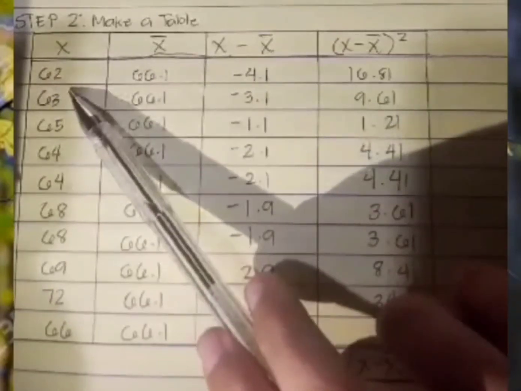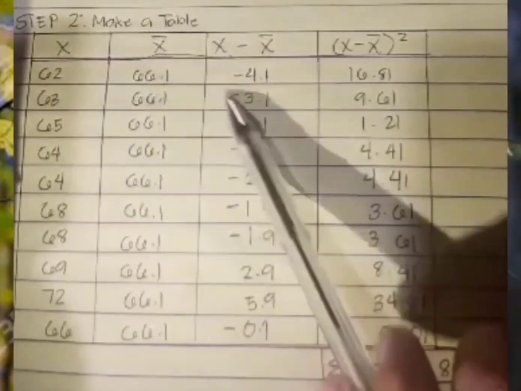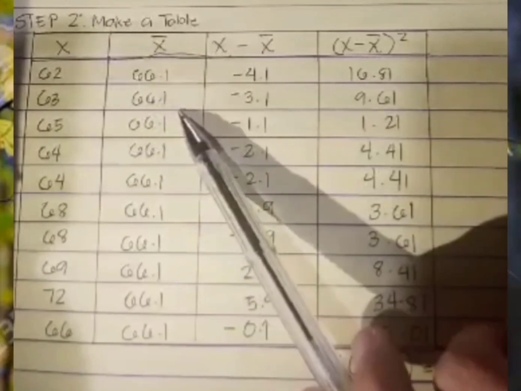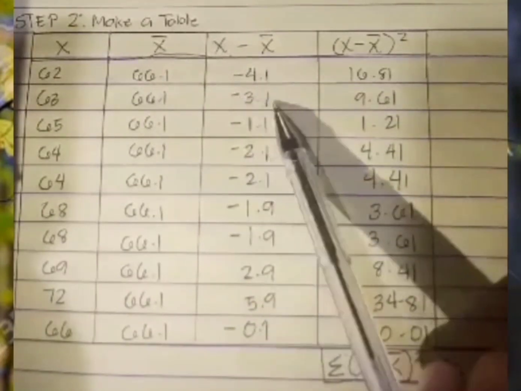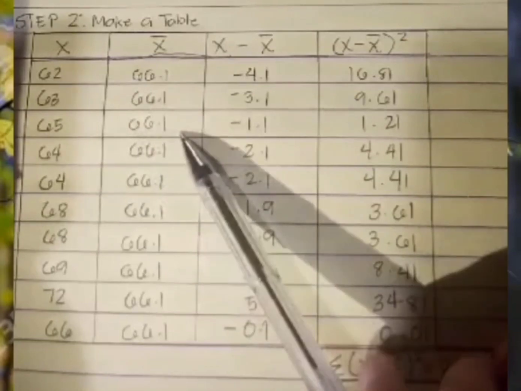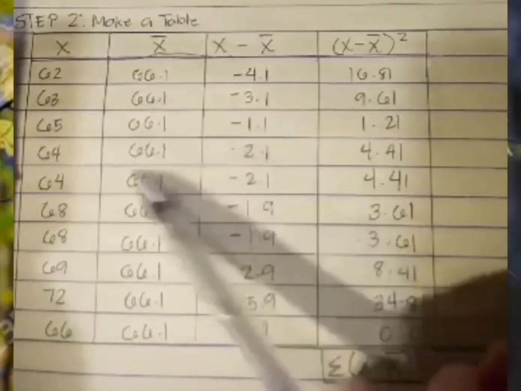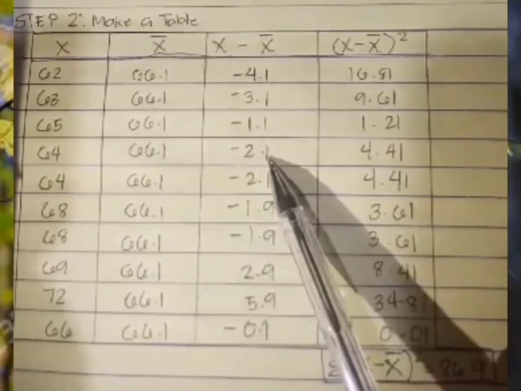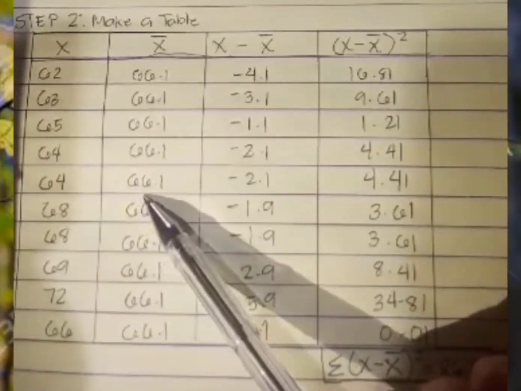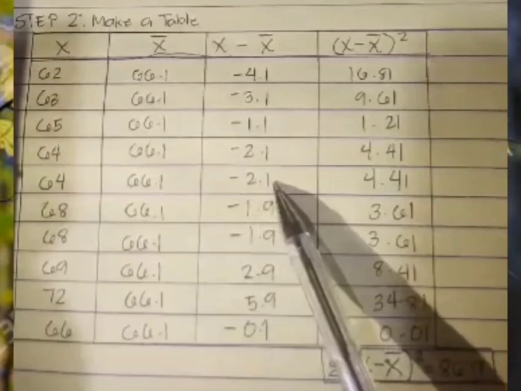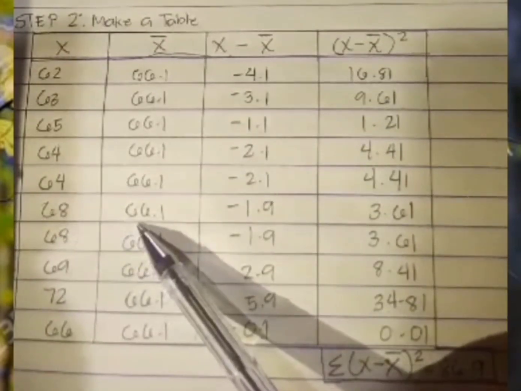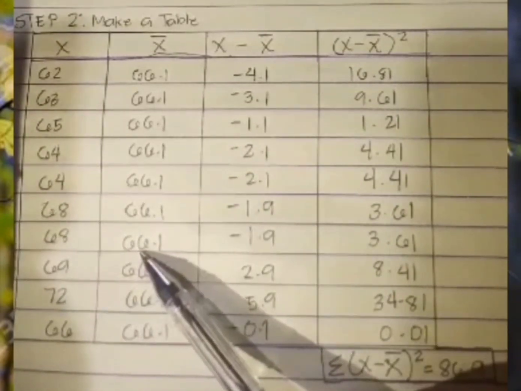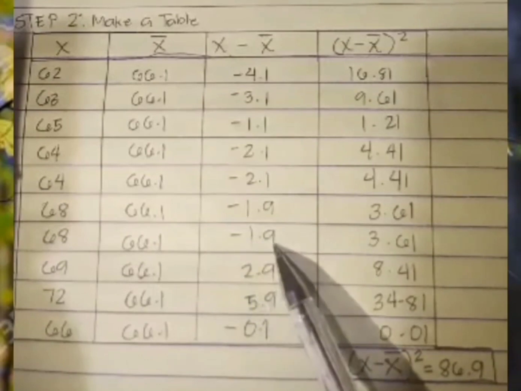So, 62 minus 66.1, the answer is negative 4.1. 63 minus 66.1, the answer is negative 3.1. 65 minus 66.1, the answer is negative 1.1. 64 minus 66.1, the answer is negative 2.1. 64 minus 66.1, again negative 2.1. 68 minus 66.1, the answer is negative 1.9, and again negative 1.9.